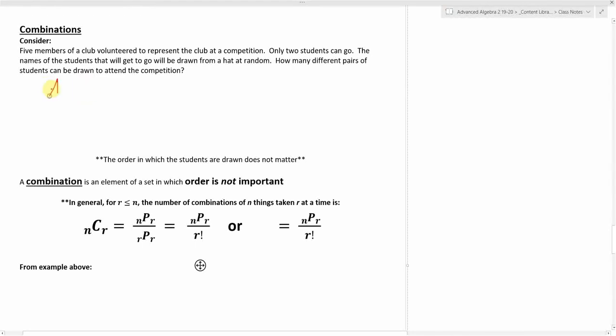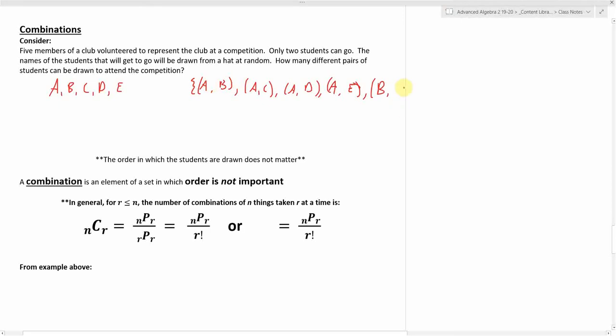So let's just name our students A, B, C, D, and E to simplify things. If we wanted to list out the sample space, I could pick A and B, or A and C, or A and D, or A and E. But once I move on and start with person B, I'm not going to put B and A because they're already listed as a pair.